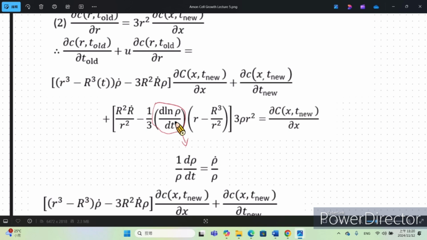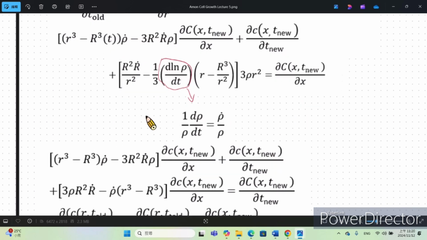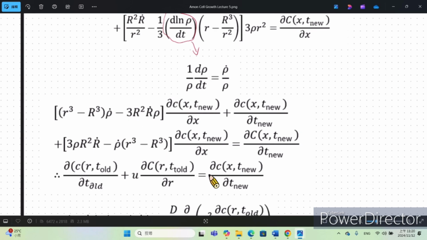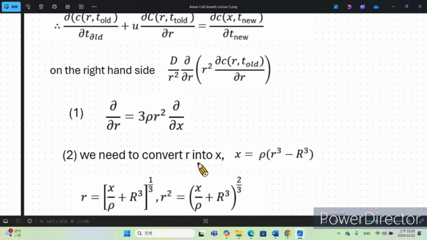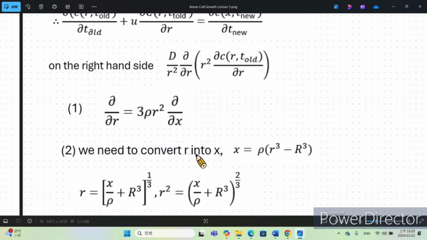When we convert rho dot divided by rho into the equation, you will find out at the end that these two terms cancel out. The whole thing becomes partial c, x t, nu t nu. And the whole equation at the end is this.